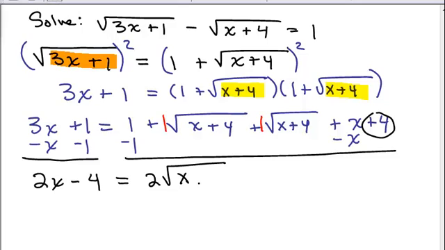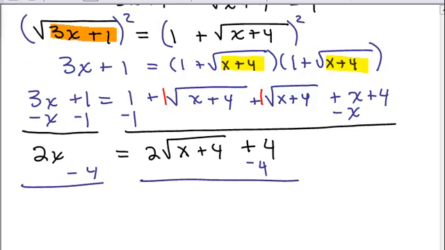So I have 2 square root of x plus 4. Maybe what I'll do is leave this minus 4 for the next step, just to make sure I'm not confusing anybody. If that plus 4 is still there, I could subtract it on the next step. That's up to you when you want to do that.